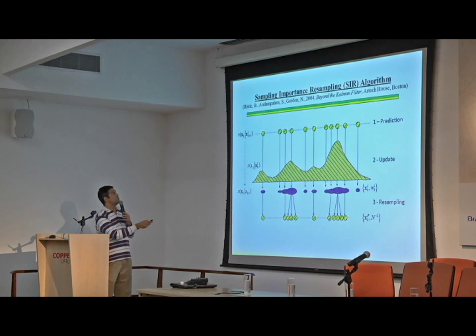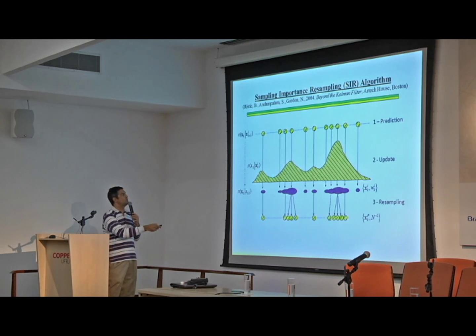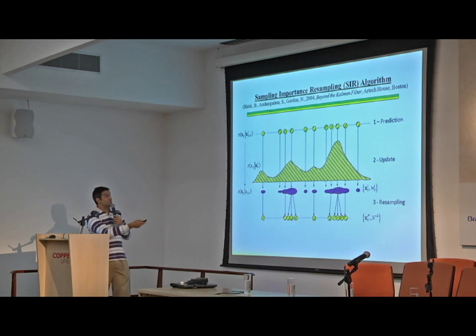The weights for the particles are given by the likelihood, so all the information provided by the measurements comes here to give the weights for each particle. And then we get these posterior estimates.